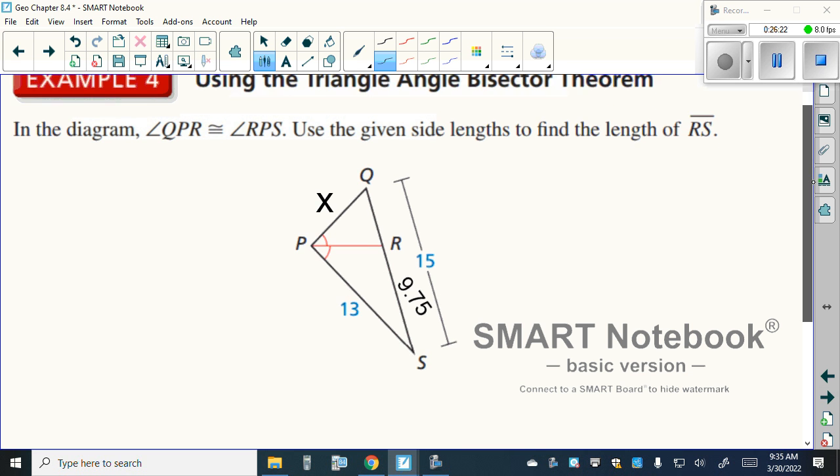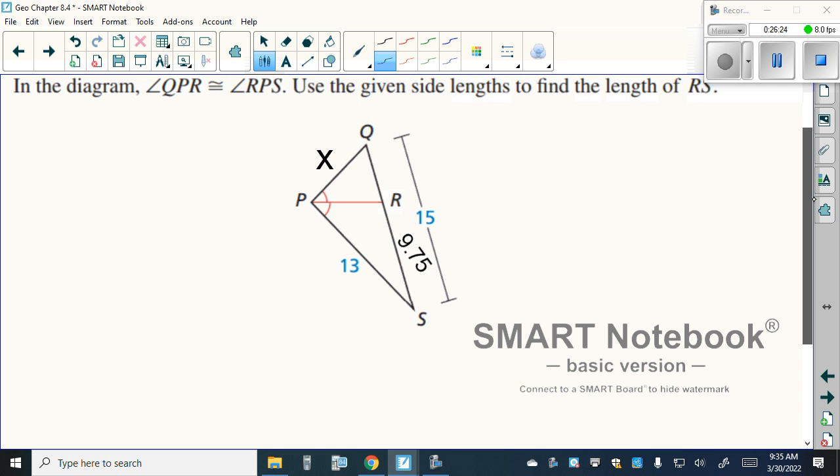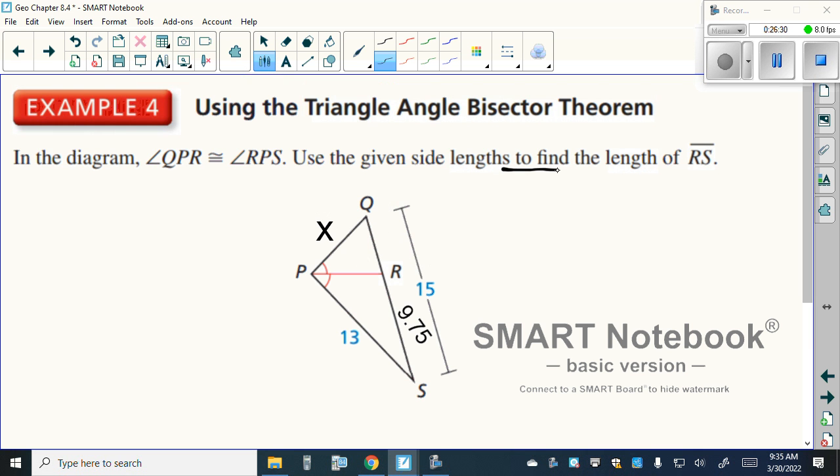Let's look at an example to see this here. So we have a triangle whose angle is bisected. So we'll have our two fractions, and again, we'll want to put X in the numerator.